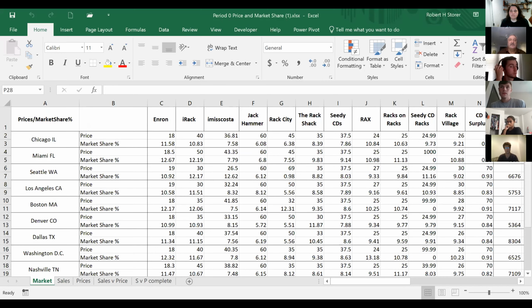Now, especially in the first round, if you set your prices too low, you will have tons and tons of back orders. And if you have tons and tons of back orders, you may have dug yourself a hole you cannot recover from. So I bet you could do some calculation. If you look here at Enron, take their market share, multiplied by the total demand, that would tell you how many units they sold.